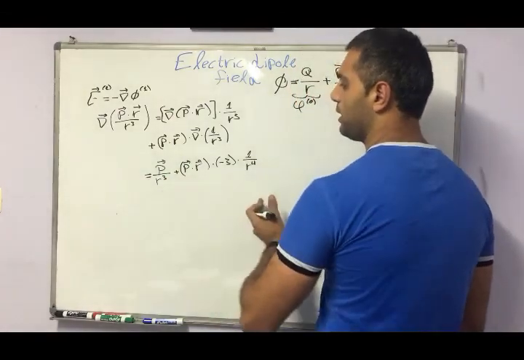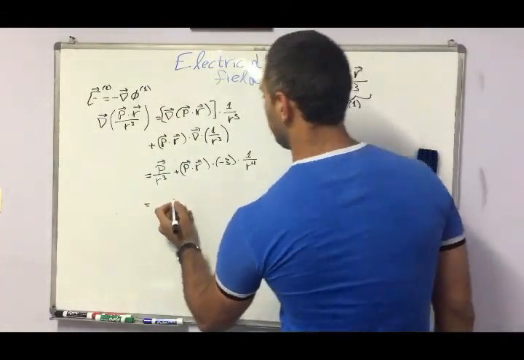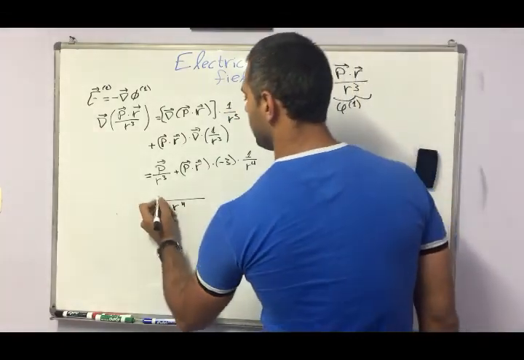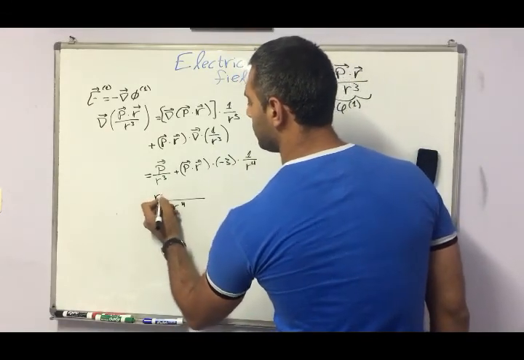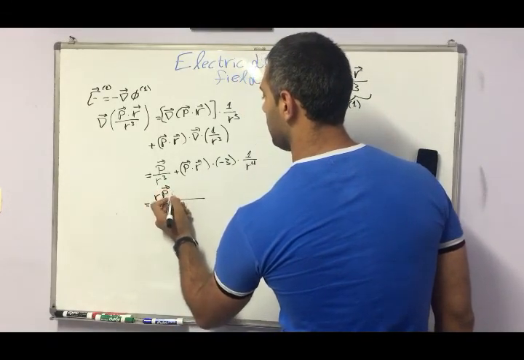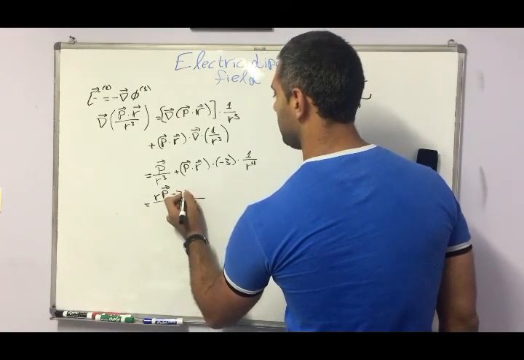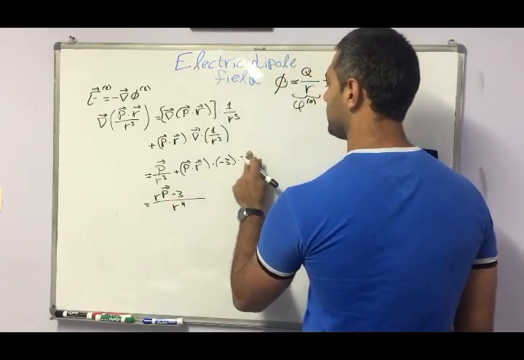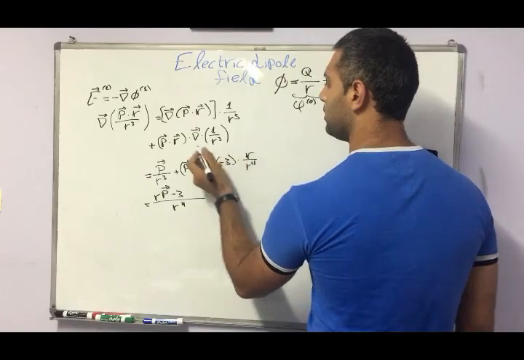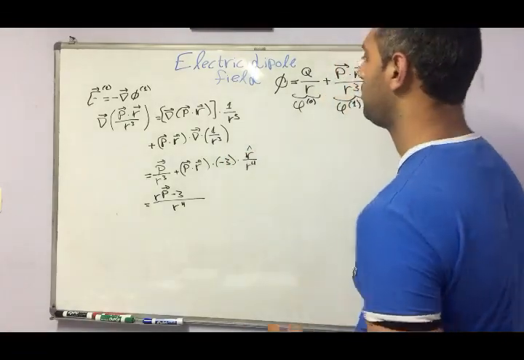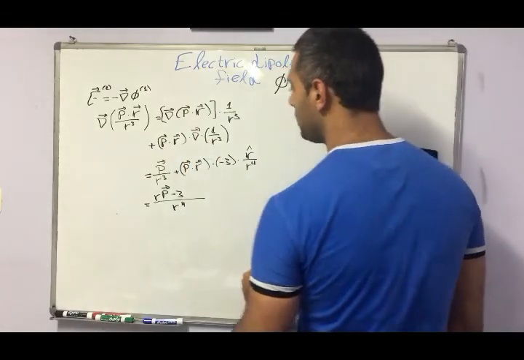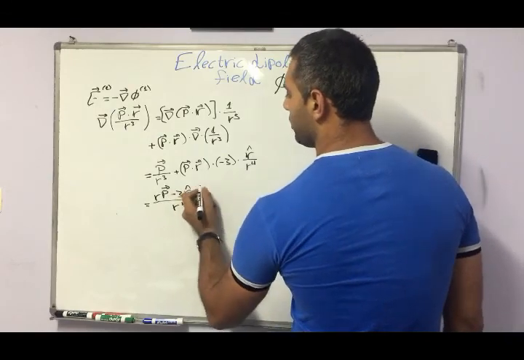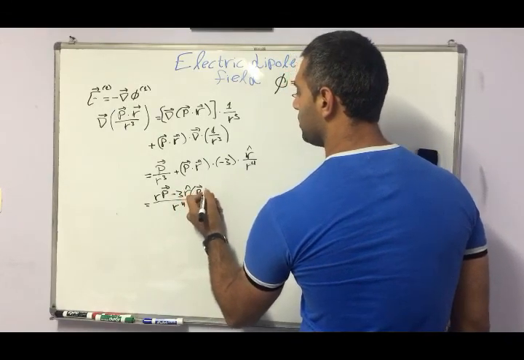Okay, it's just simple mathematics here, and we get r to the 4, and here we get p minus 3, and here, oh, I forgot to write our unit vector from the gradient, and here we get 3 multiplied by the r unit vector multiplied by p dot r.